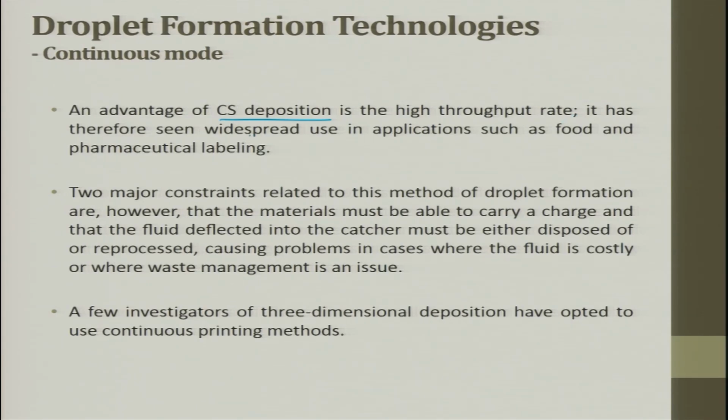It has therefore seen widespread use in applications such as food and pharmaceutical labeling. There we use this CS deposition. Two major constraints related to this method of droplet formation are, however, that the material must be able to carry a charge and that the fluid deflected into the catcher must be either disposed of or reprocessed, causing problems in cases where the fluid is costly or where waste management is an issue.